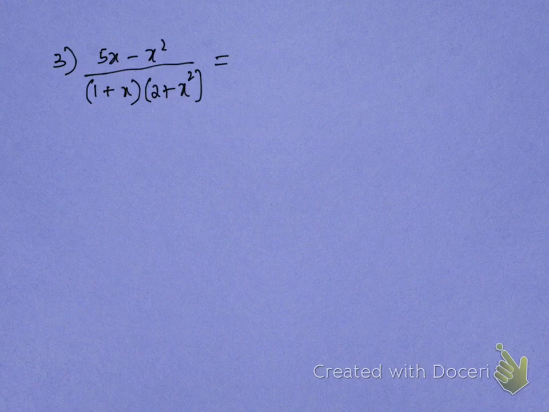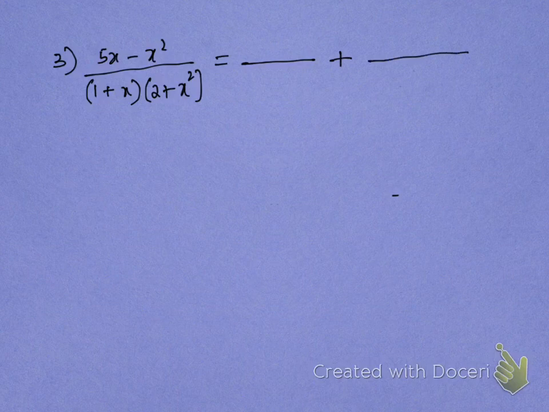Now the third example. Express (5x minus x square) over (1 plus x)(2 plus x square) in partial fractions. Since we have two factors in denominator, the first one is linear and the second one is non-linear, quadratic.